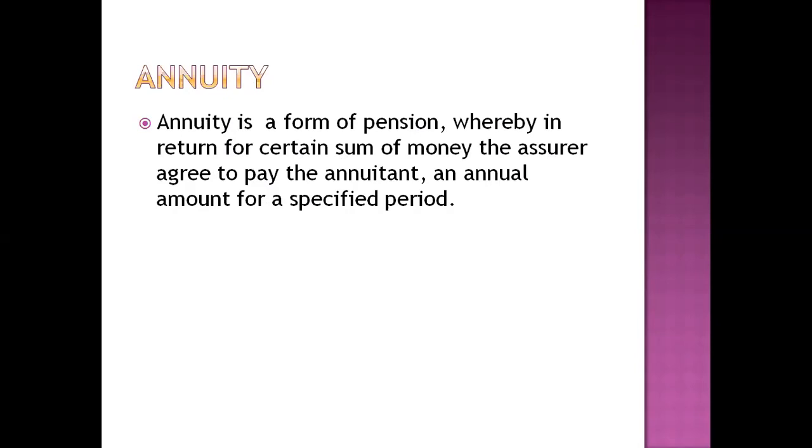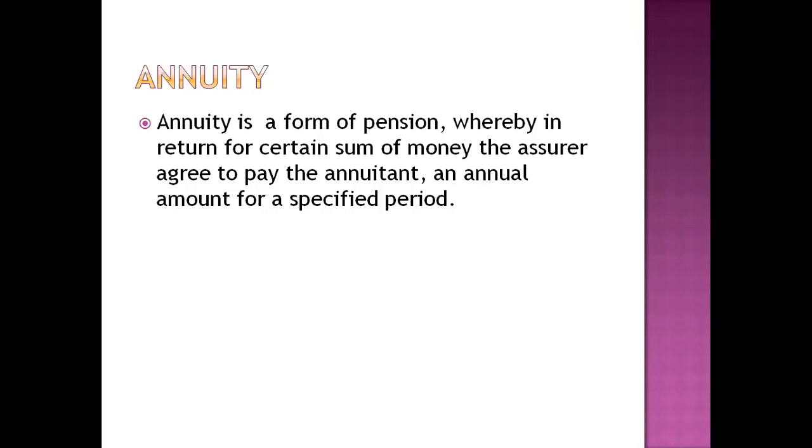It means a life annuity may be defined as a contract under which the insurance company agrees, in consideration of a certain premium or payment, to pay to the person who makes the payment a fixed regular income. The person during whose life the annuity is paid is called the annuitant.